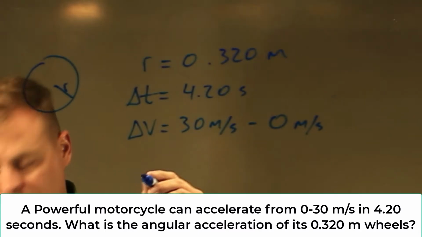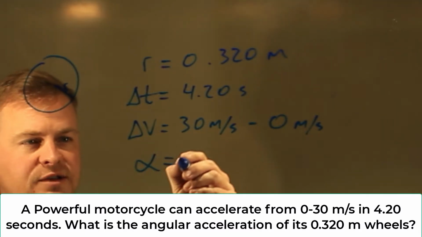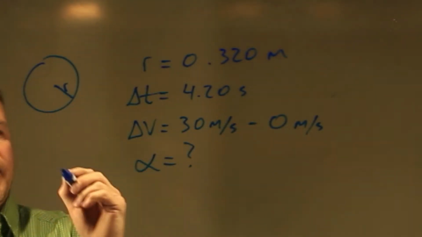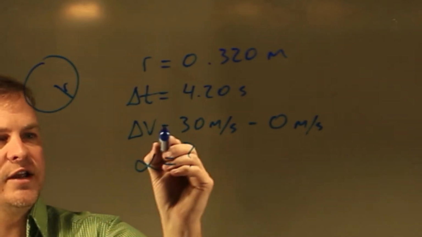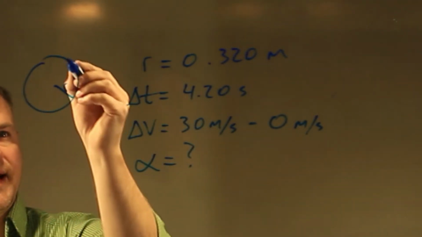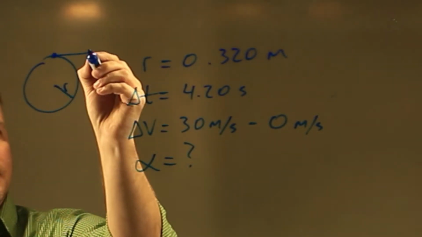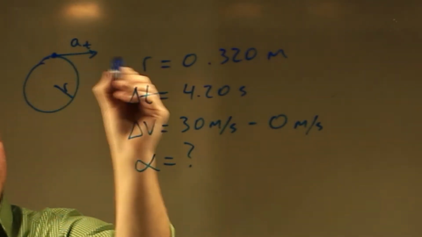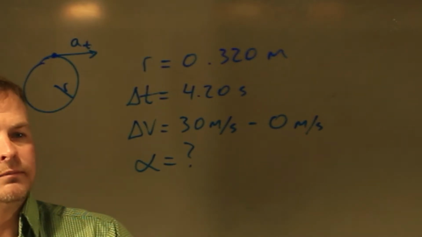We want to know what is the angular acceleration of the wheel. To put these things into perspective, what we're seeing here is a change in velocity over time. That is an acceleration, but it's written in linear terms, so that's a sub t, and it's a line tangent to the wheel.